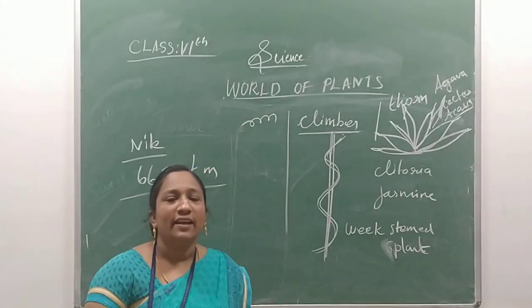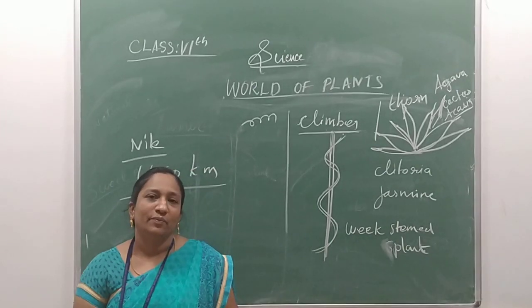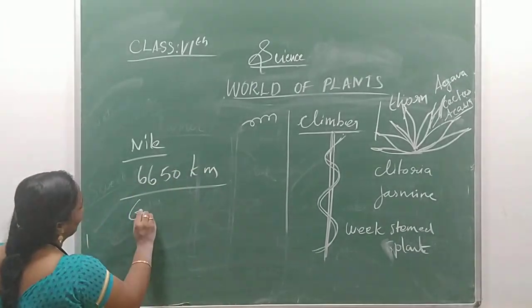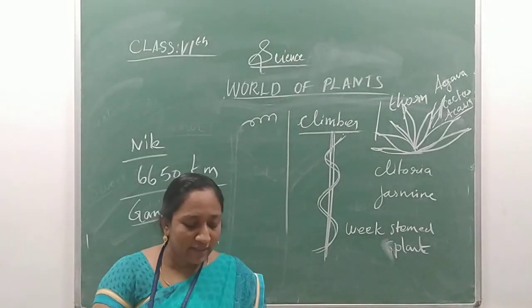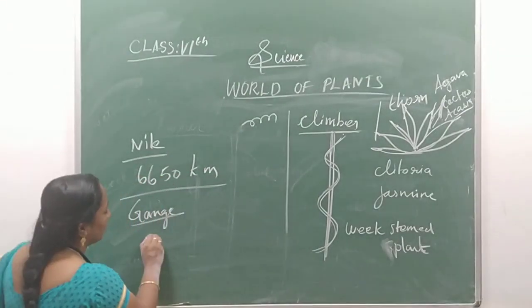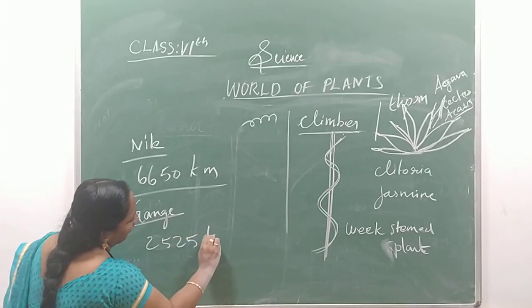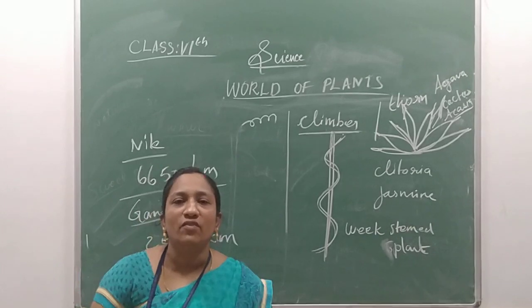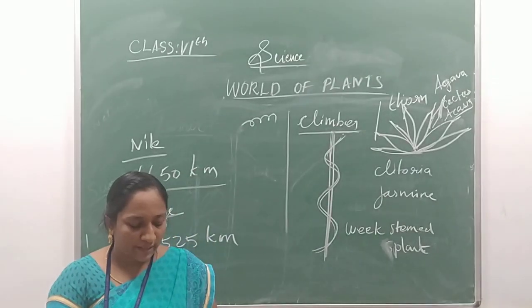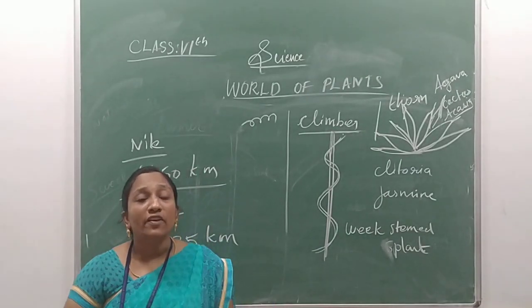Okay, in our India, which is the longest river? Ganges, Ganga in Tamil. What is the length? 2,525 kilometer.